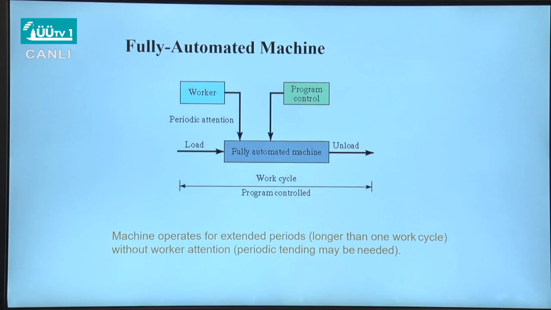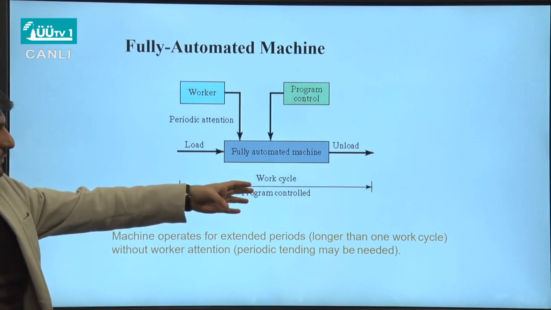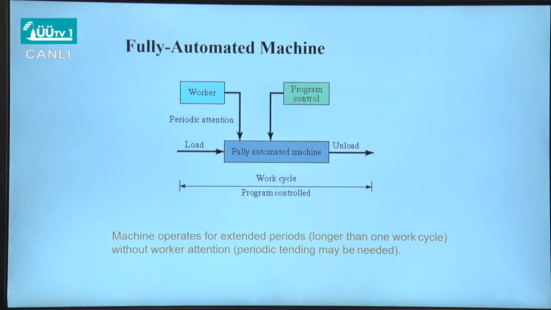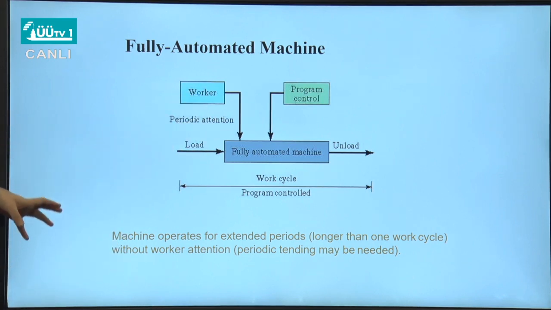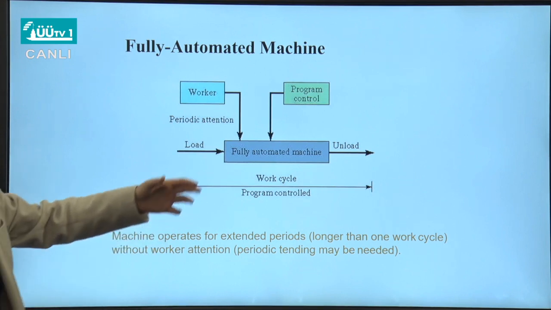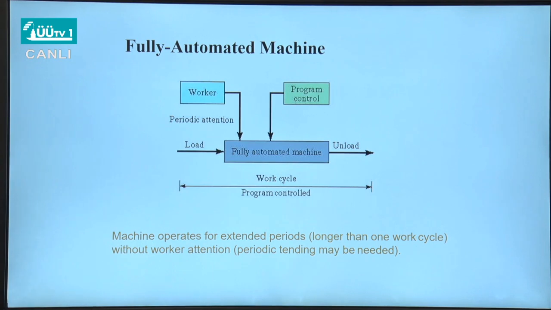And how about the fully automated machine? As you can see, the work cycle is 100% carried out by the program itself, and the worker just pays periodic attention to the fully automated machine, while the program takes care of the process.